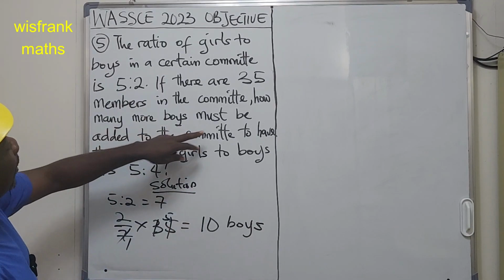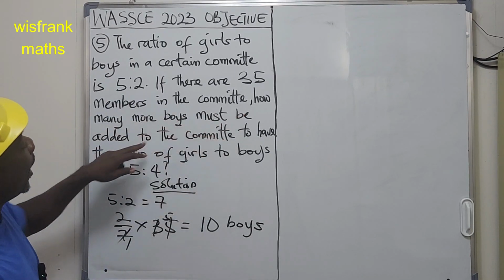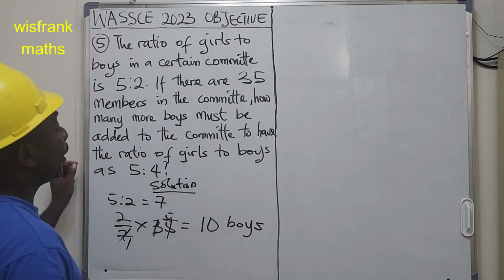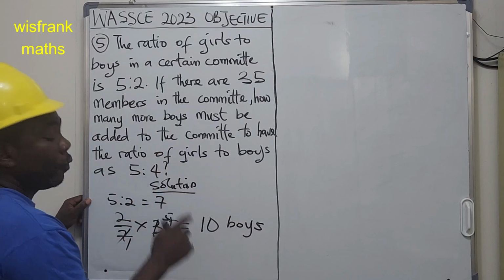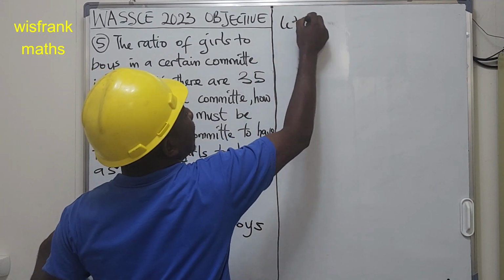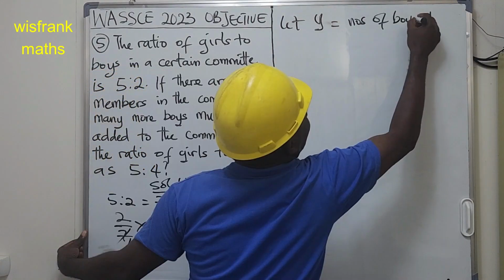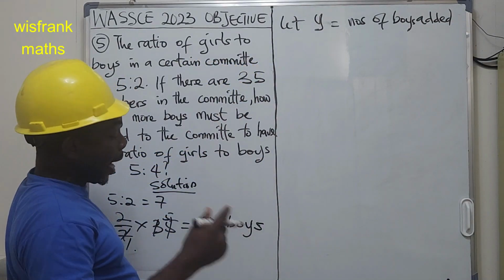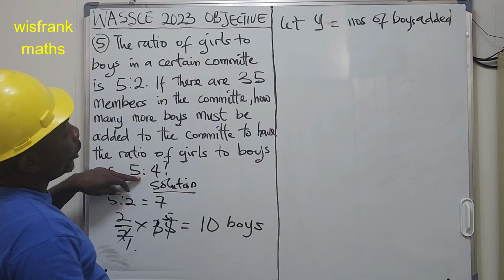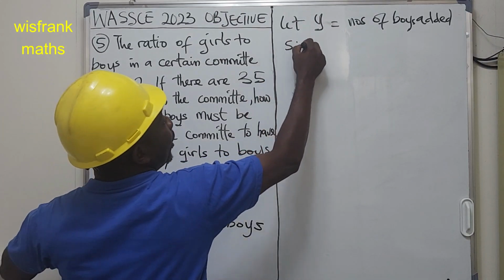Then the second part says, how many more boys must be added to the committee to have the ratio of girls to boys as 5:4? So we say, let y equal the number of boys added. For the new ratio, we have 5:4.